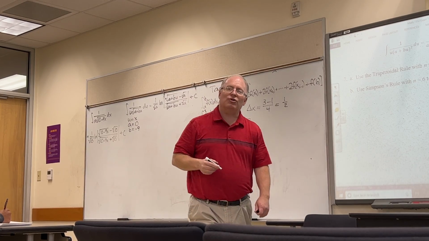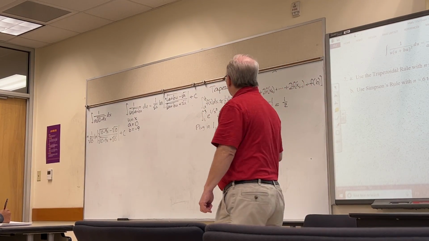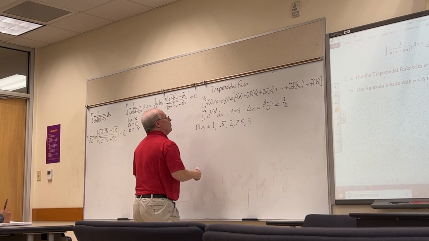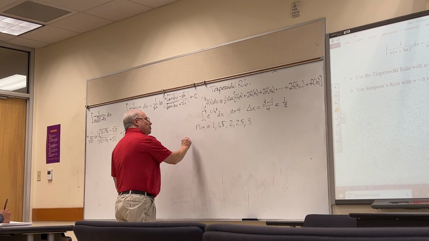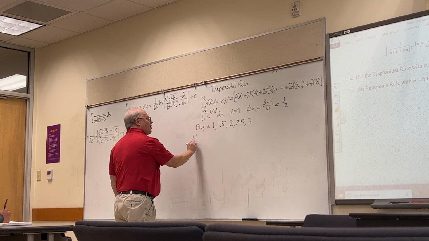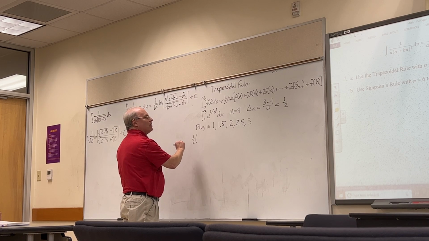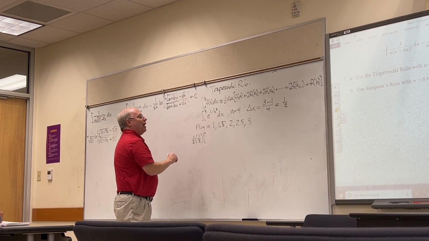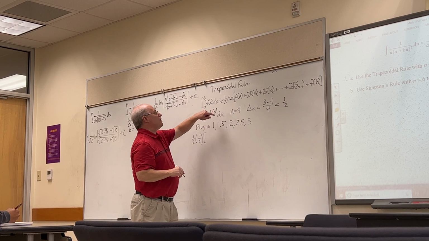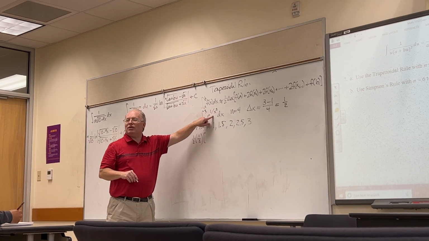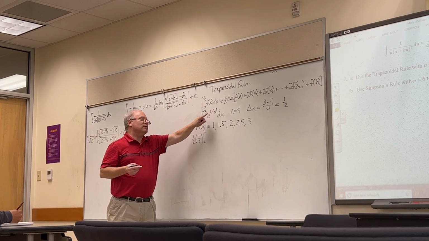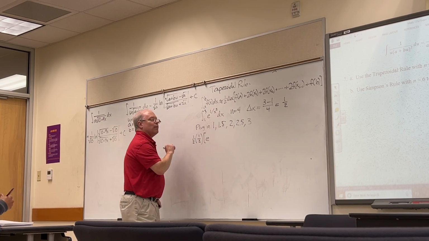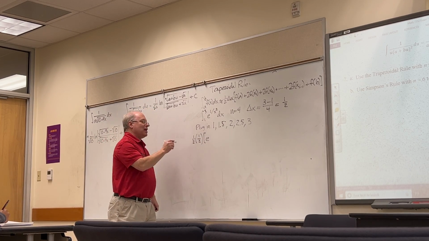So those are the values that you're going to plug in. Now using the formula, we're going to have 1/2 times delta x, which is 1/2, and then we plug in 1 into the function e to the 1 over x squared. So that's e to the first power.